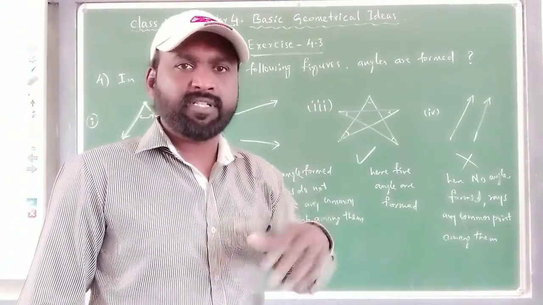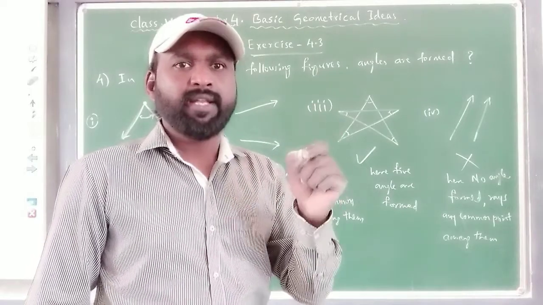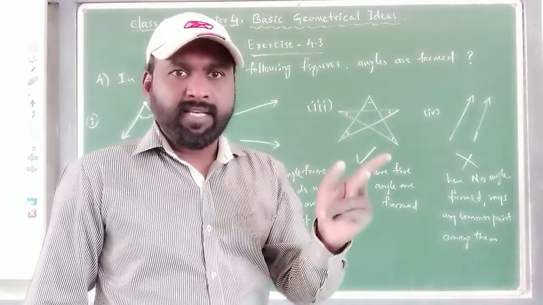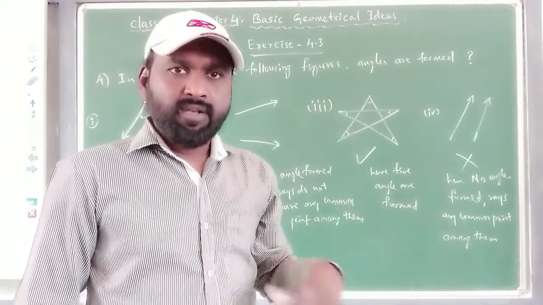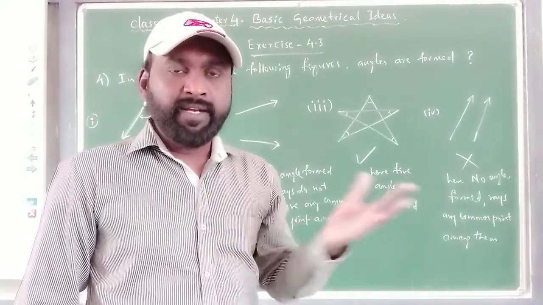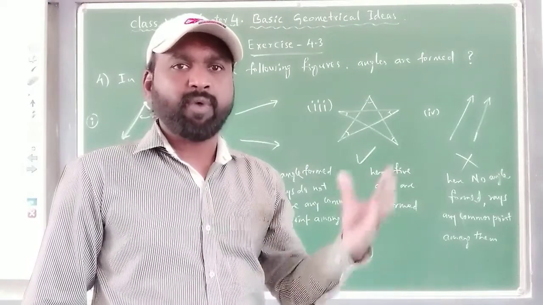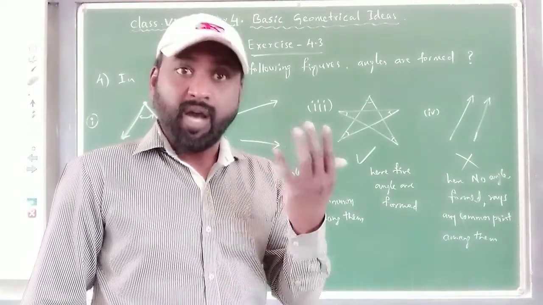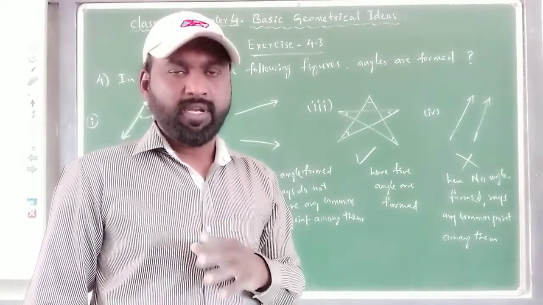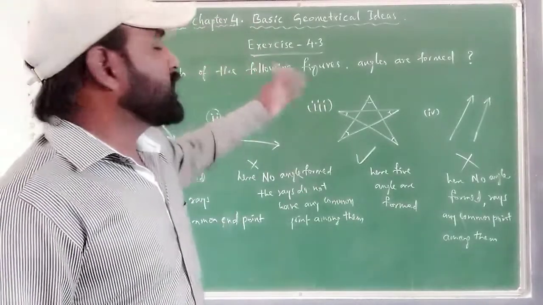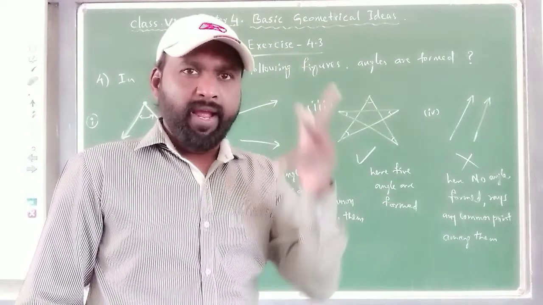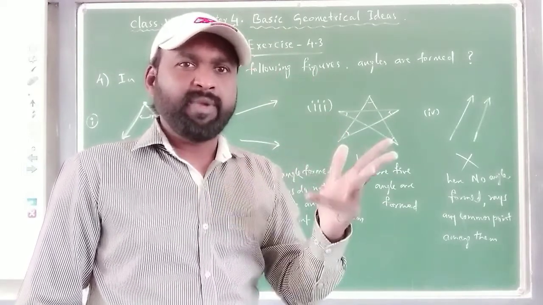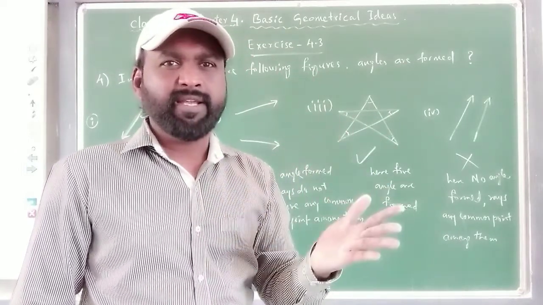Starting from the first session, we are dealing with the point, line segment, ray, and today we are learning about the concept angle. So, how to identify the interior points, exterior points, and points on the boundary, and about curve also we learned in our previous sessions. Up to exercise 4.3, what are the main things we have learned? Point means what? Line means what? Line segment means what? What is meant by ray?